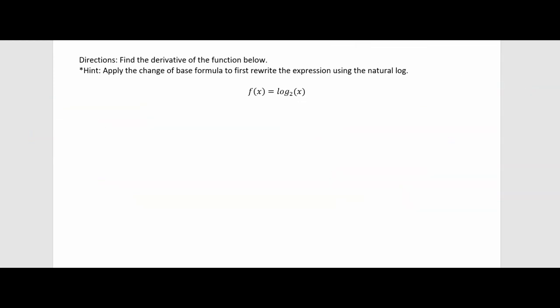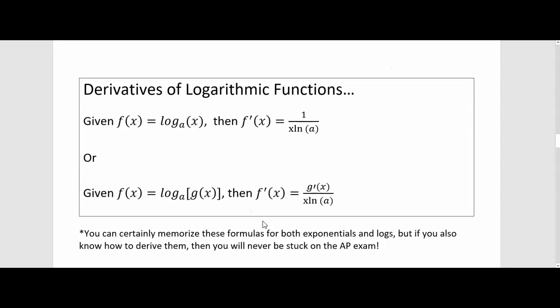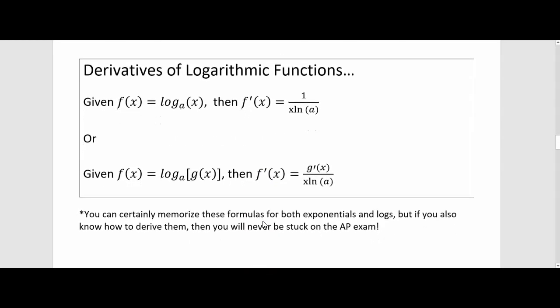Okay, let's jump down to our box for derivatives of logs. Given f of x is equal to log base a of x, well then f prime of x is going to be equal to 1 over x times the natural log of a. Or, again, we might have to employ the chain rule here.